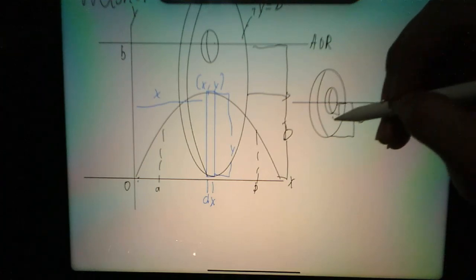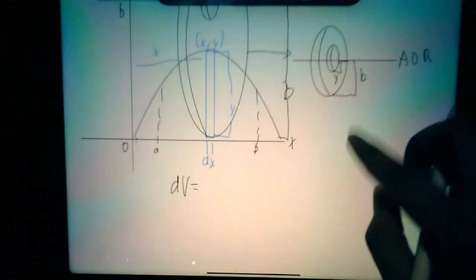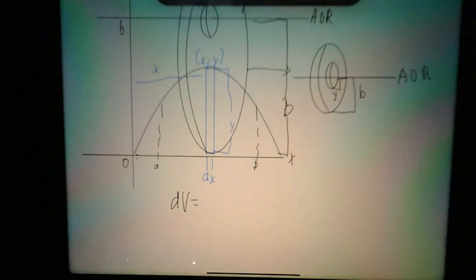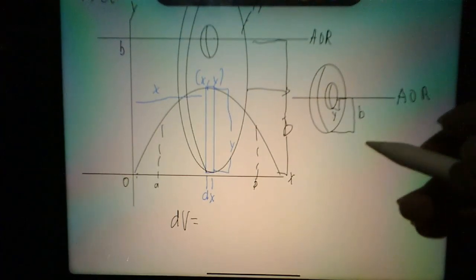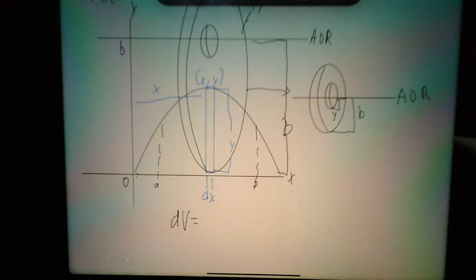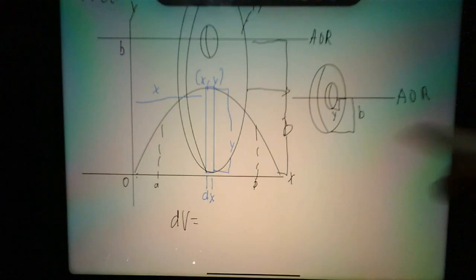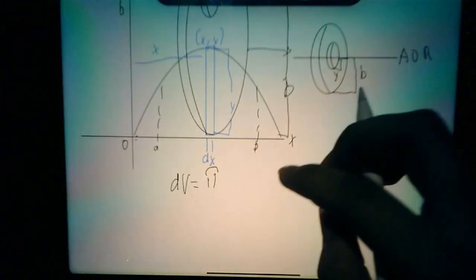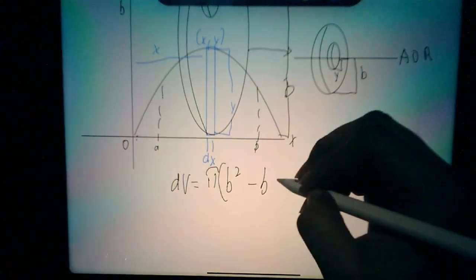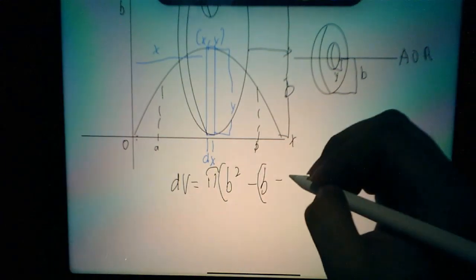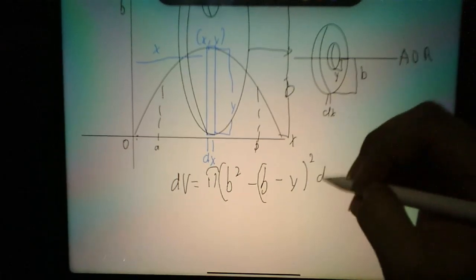So the differential volume of this is just equals to the difference of the bigger area minus the lower area, which is b minus y, and the formula for that is the differential volume equals pi times b squared minus b minus y squared, times dx.